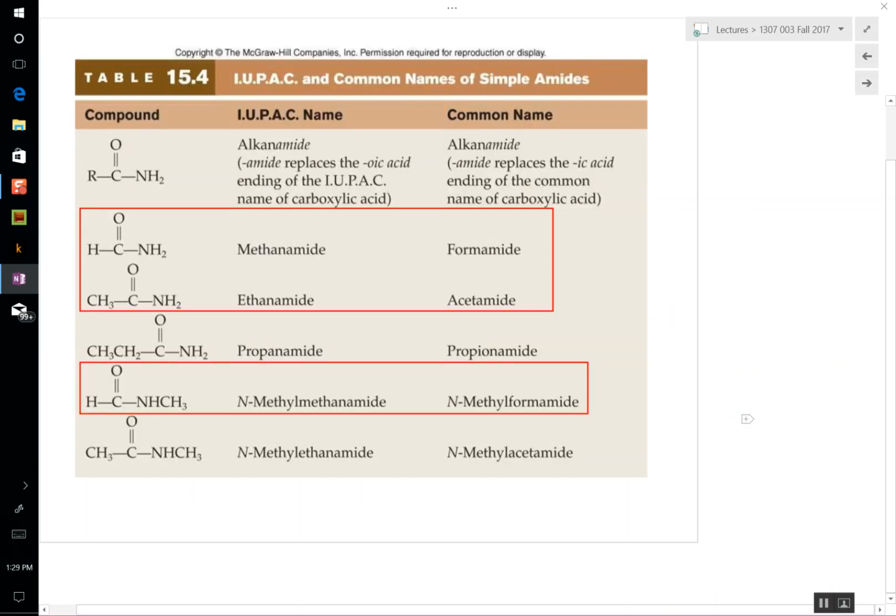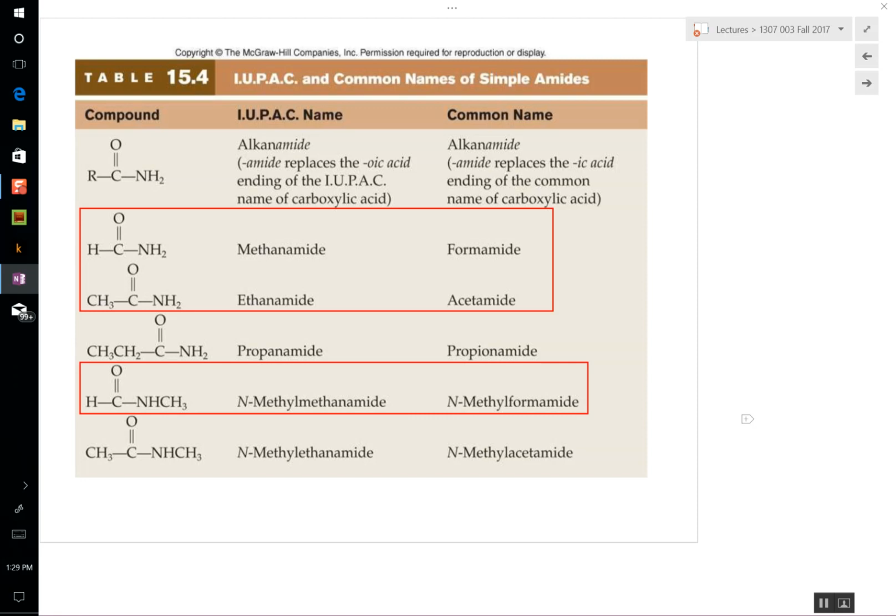Here are the ones that I would like you to know, just these two basically. Well, there'll be one more. I'll give that one to you here in a second. So methanamide, one carbon, but it's also formamide. You should know the common name of that, formamide.